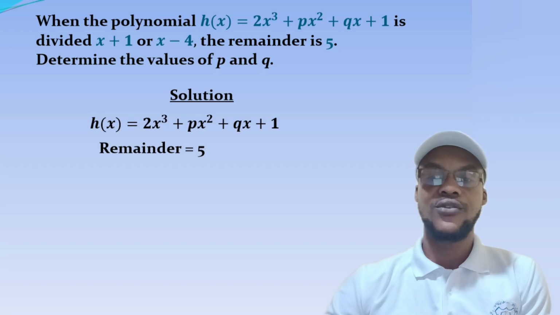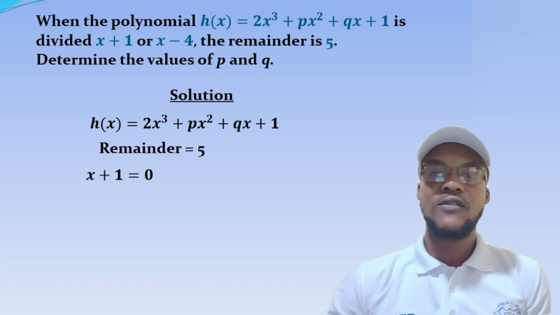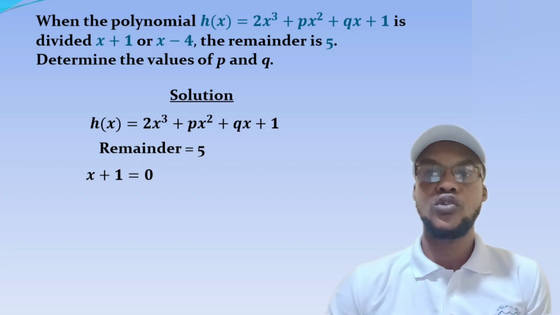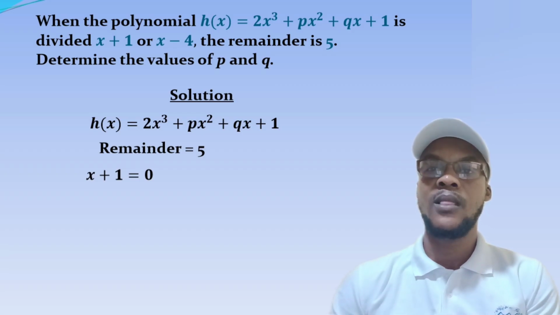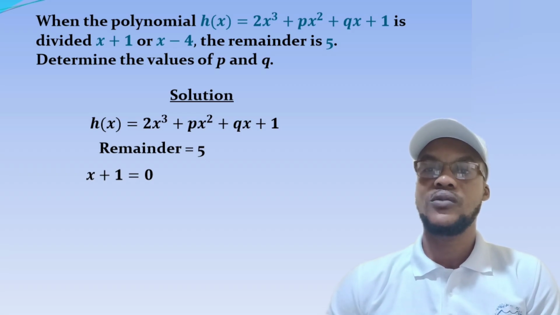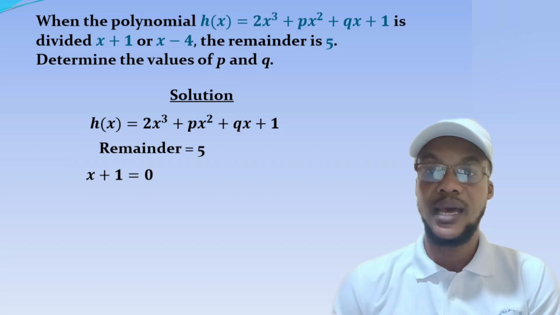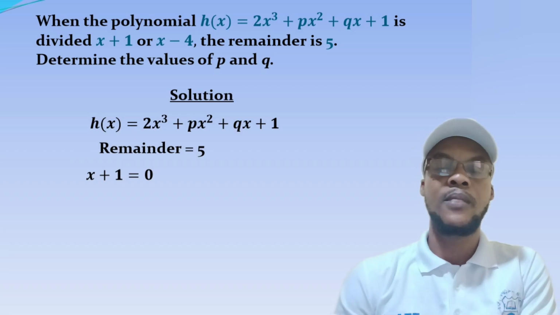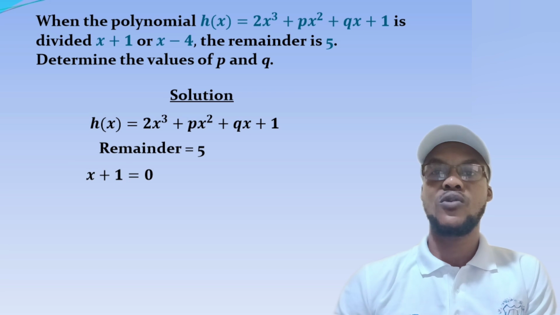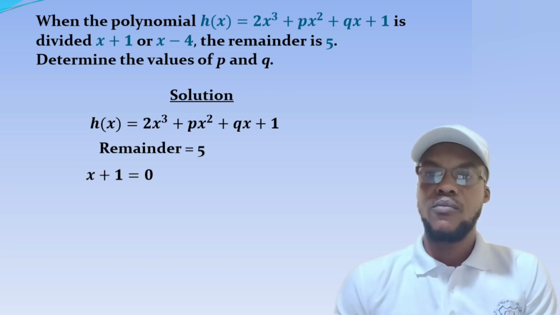As I said, always find the zeros of whatever divisor is given to you, and once you find the zeros, you substitute the value. Whatever answer you get becomes your remainder. In this case, we are already given the remainder as 5, so we are no more going to look for the remainder.